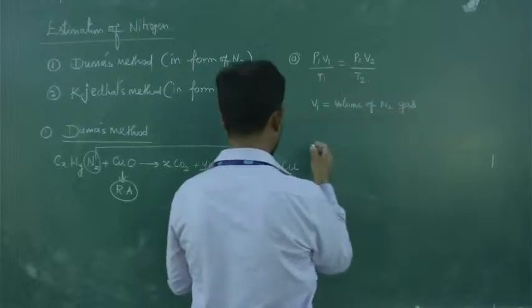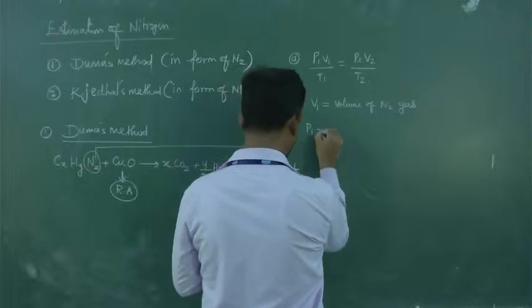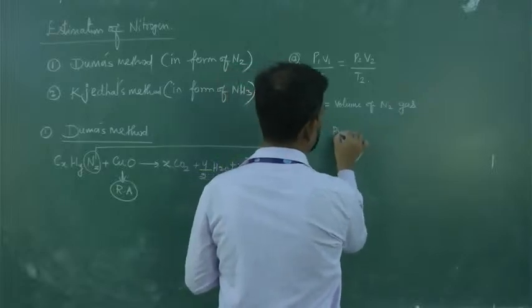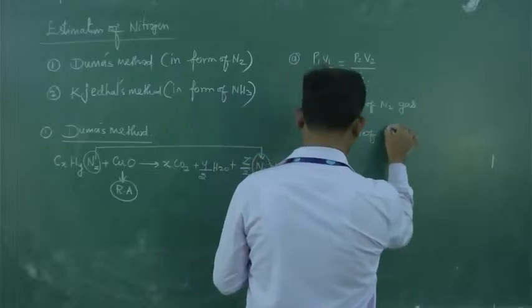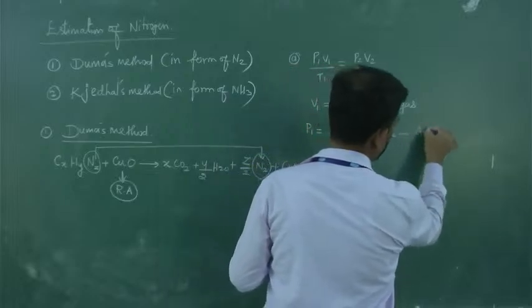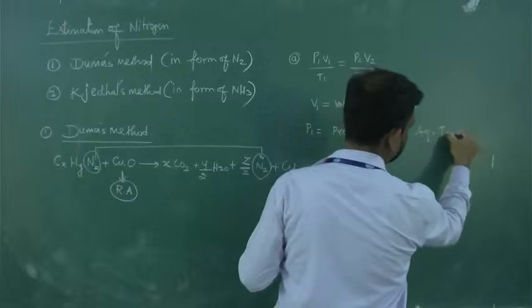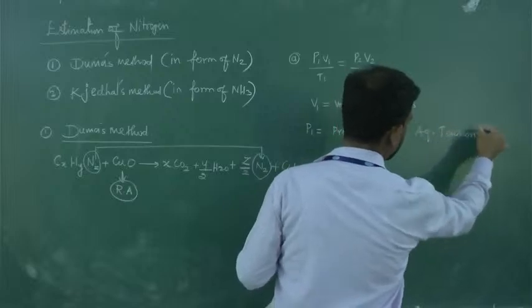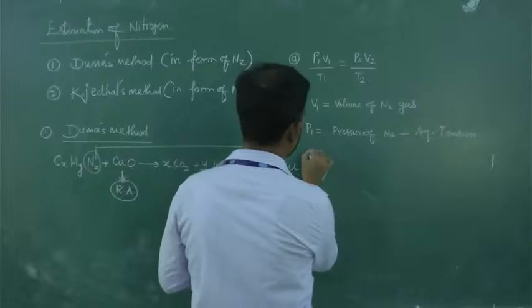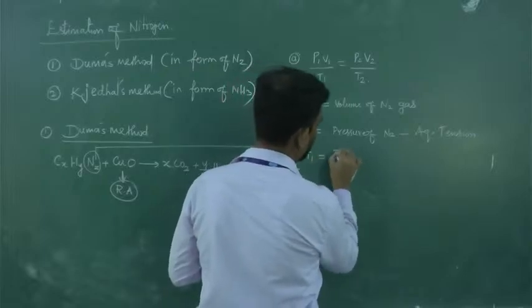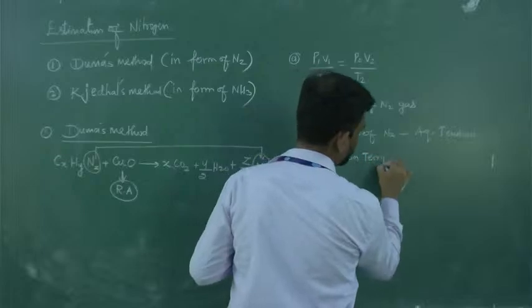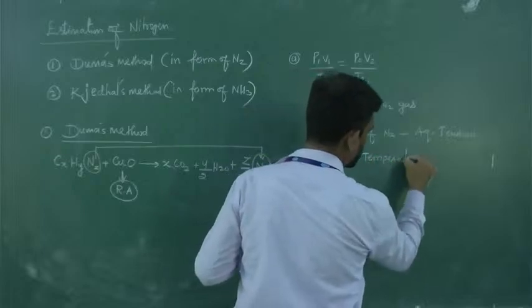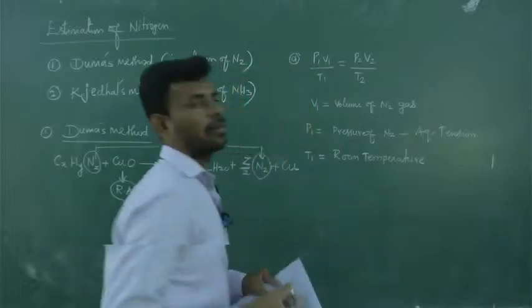Second, P1 is equal to pressure of nitrogen minus aqueous tension. Next, T1 is going to be room temperature. Is it clear?